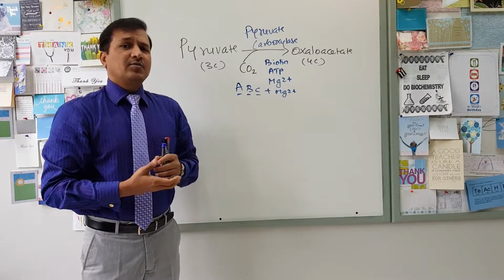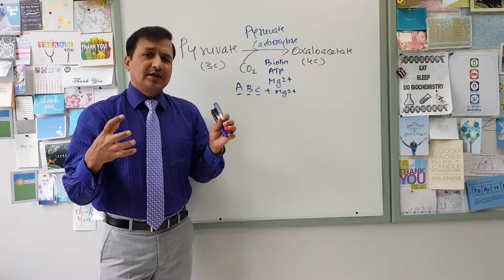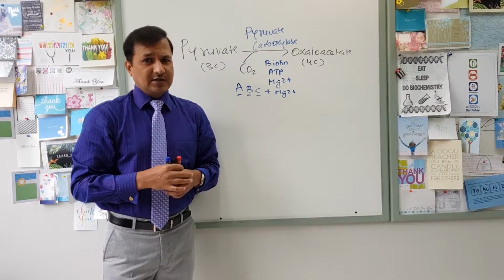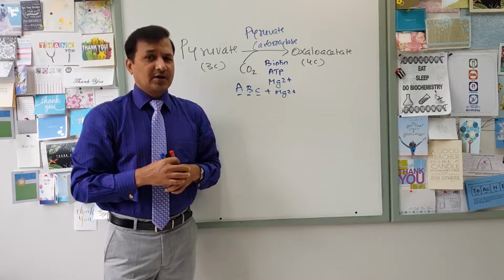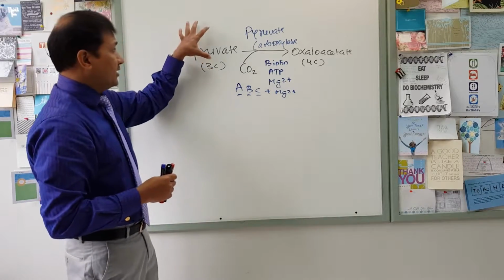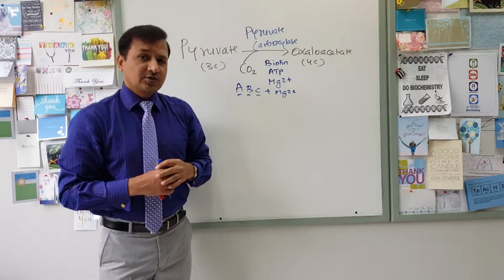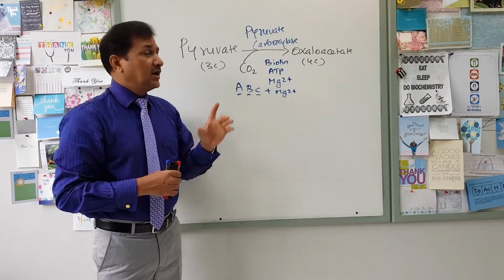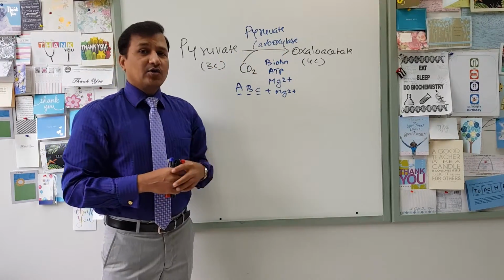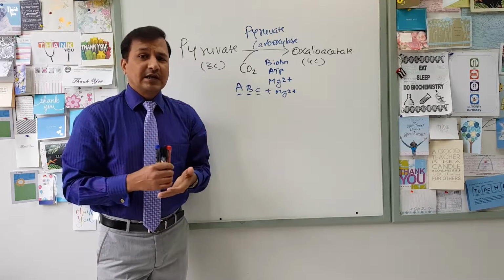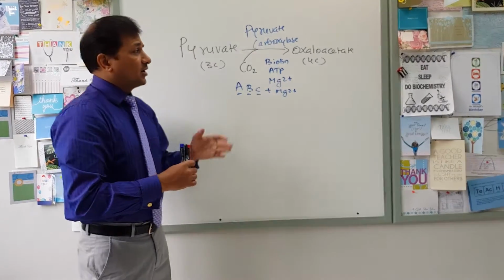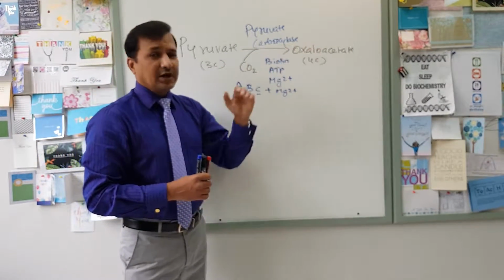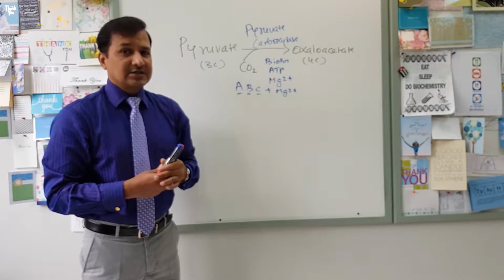This pyruvate carboxylase enzyme is located in the matrix of mitochondria. That is the location of pyruvate carboxylase. Whenever pyruvate gets into the matrix of mitochondria from the cytoplasm, some of it is converted into oxaloacetate depending on the needs of the cell. Oxaloacetate has to get into the TCA cycle to make citrate.